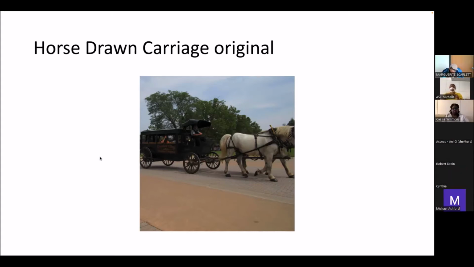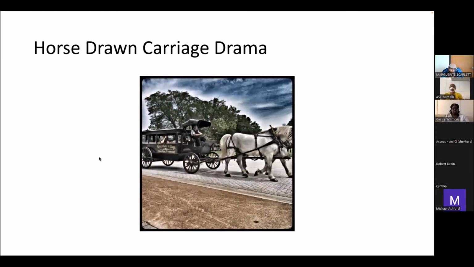And the next one is the horse-drawn carriage with added drama. I liked the filter that I used to create the drama with the white outlines in the sky in the background with the trees, and it gives it somewhat of a nostalgia look.